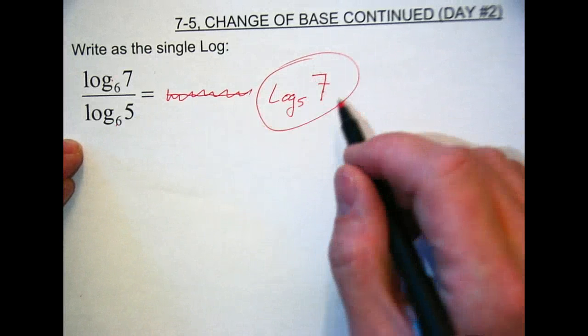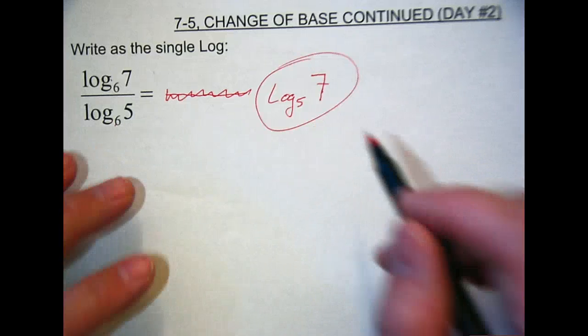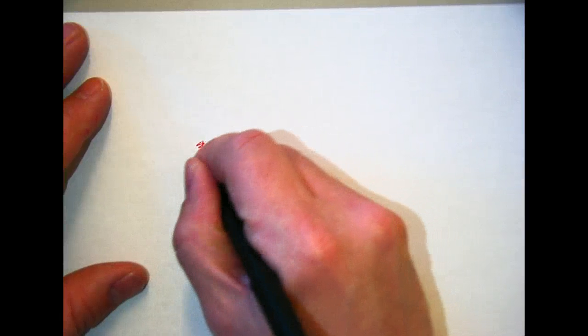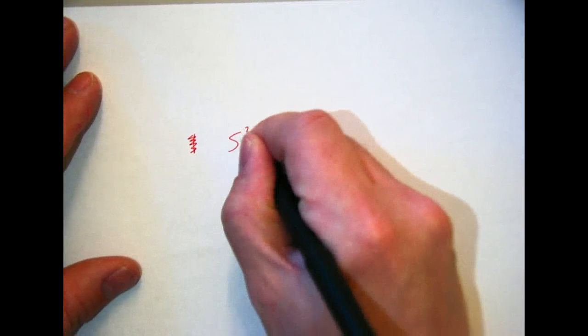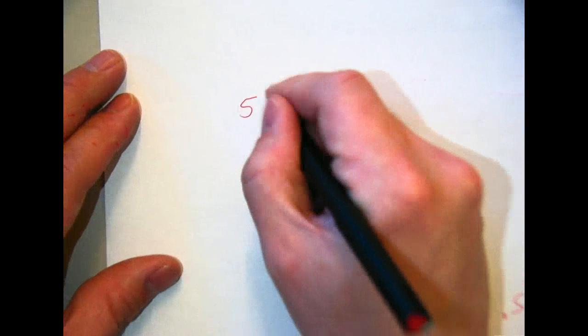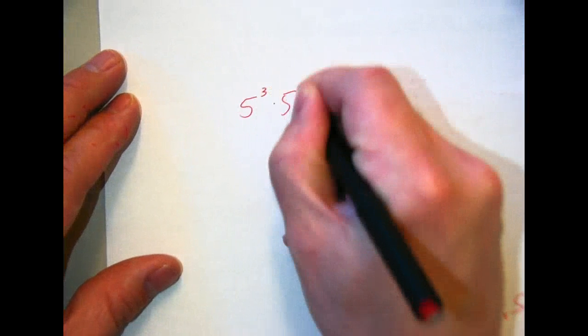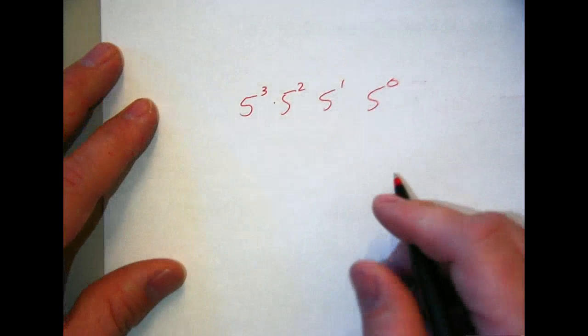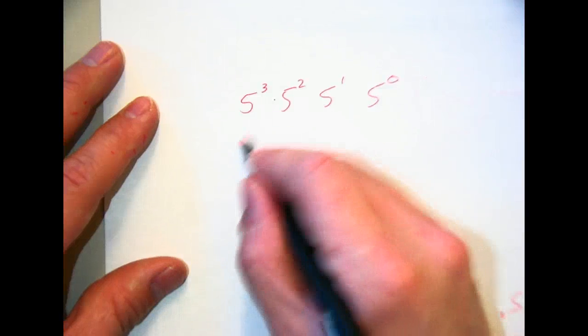So let's think back for a minute. Let's say I have 5 to the third and 5 to the second and 5 to the first and 5 to the 0. Each time, this becomes 125. This is 25.